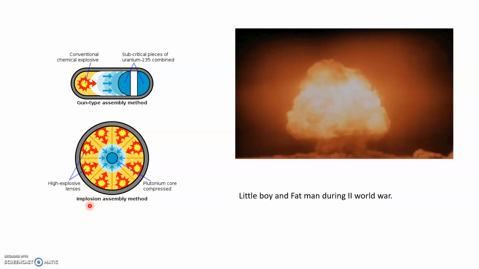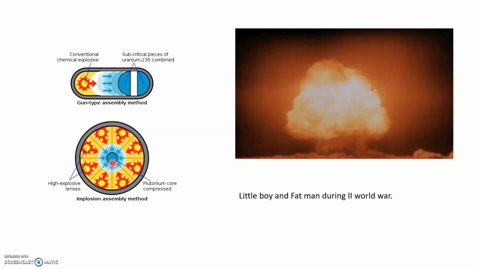In the implosion assembly method, the material is placed in the core, and a large number of highly explosive lenses are placed around it. After the explosion, the mass of the material is compressed very much, so its density is increased many times. As a result, it can undergo a nuclear fission reaction.